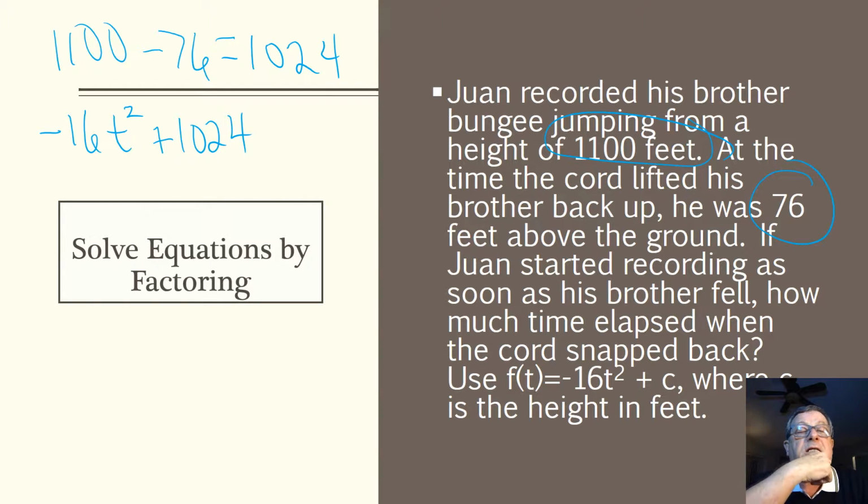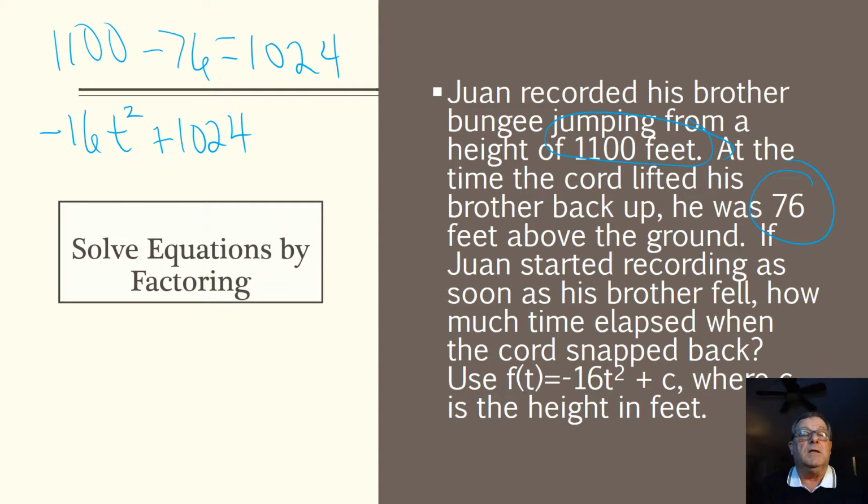All right, negative 16 and 1,024. Well, I know that 16 is divisible by 4, and I see that 4 sitting out here in 1,024. So I'm thinking 1,024 might be divisible by 16.